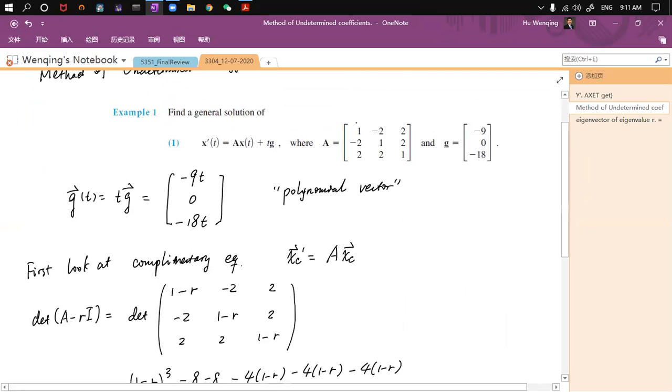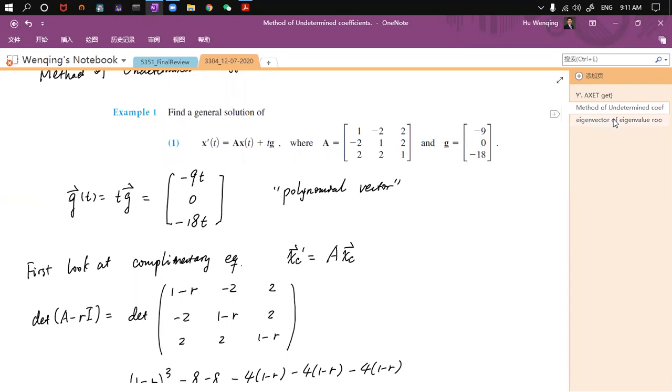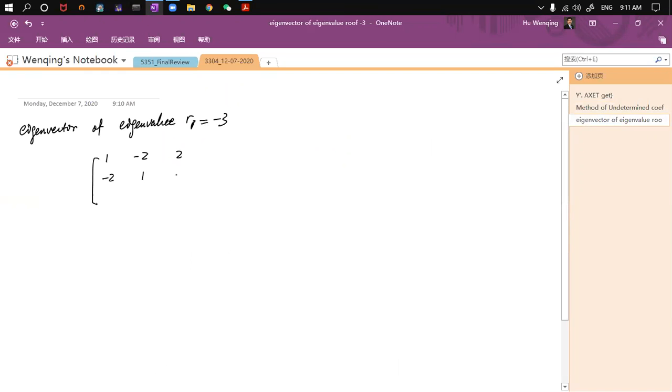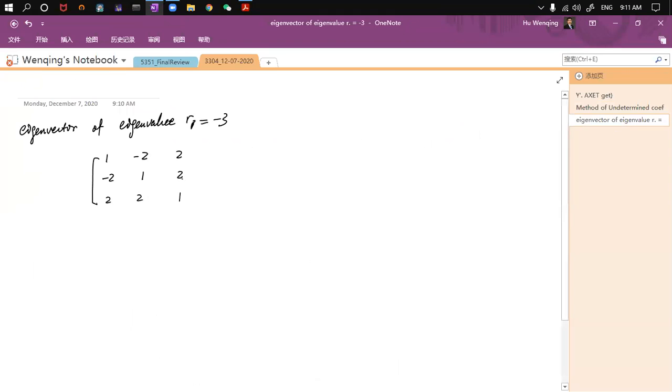It means you just solve this linear system of equations: the matrix with rows 1, minus 2, 2; minus 2, 1, 2; and 2, 2, 1, multiplied by the vector x1, x2, x3, is equal to minus 3 times x1, x2, x3. That's going to help you find an eigenvector.